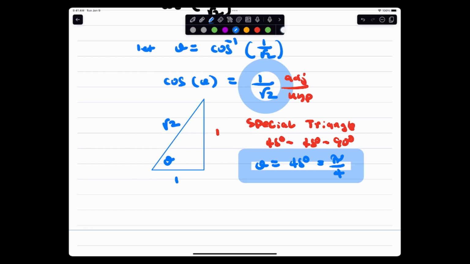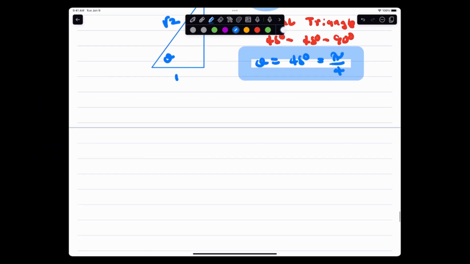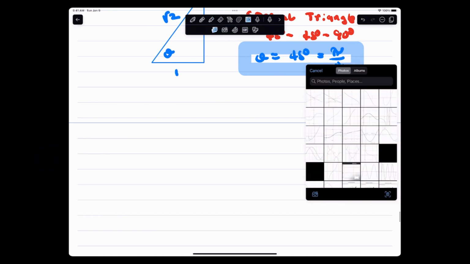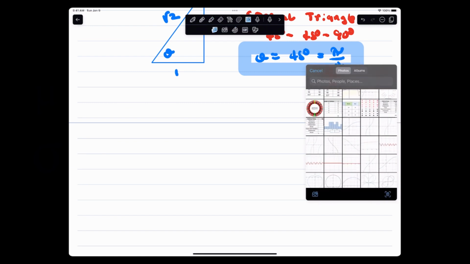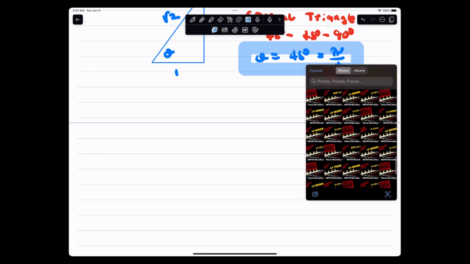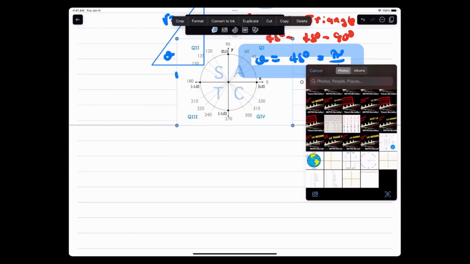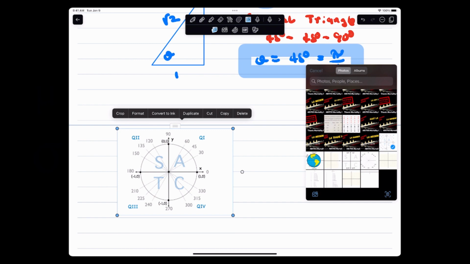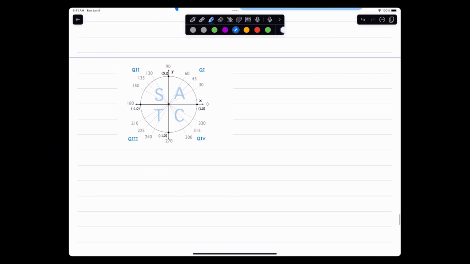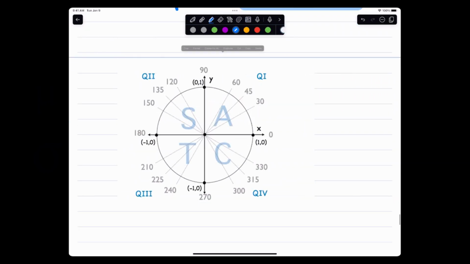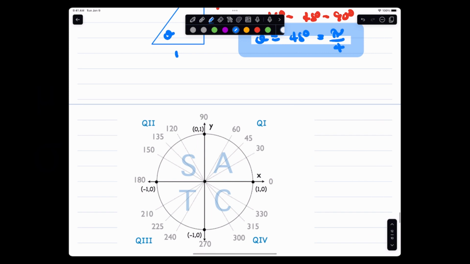Okay, here's our answer. But I want to share with you guys again to go over this important detail that you don't want to overlook. Remember now, your domain for cosine is between 0 and what now?